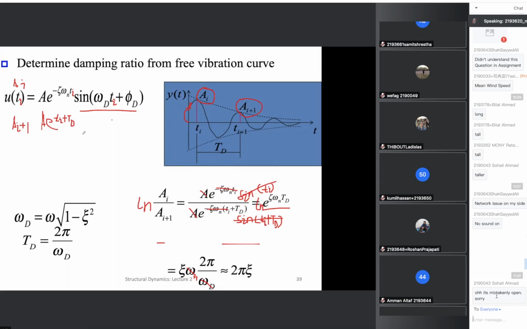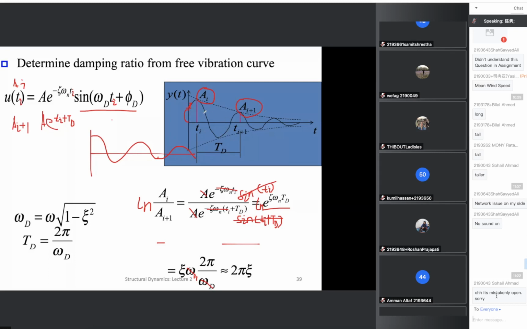If you have only, let's say you have only initial displacement, you start like this. Because there is no initial velocity, it starts from the very beginning and reduces. Which means this is a very general case.